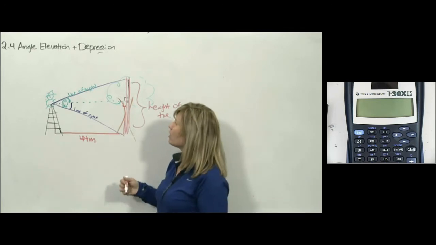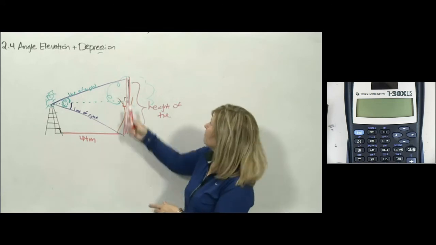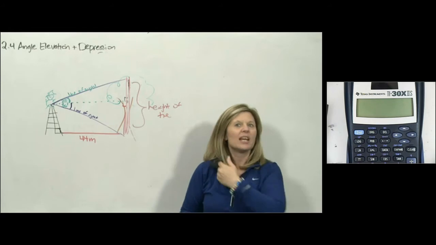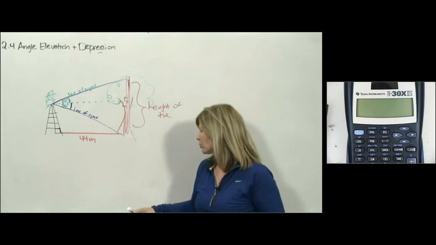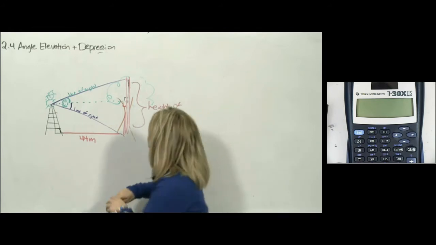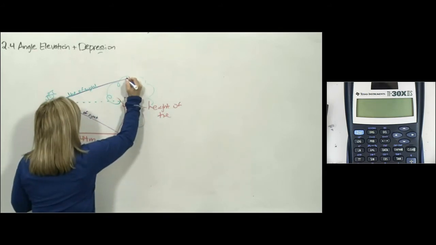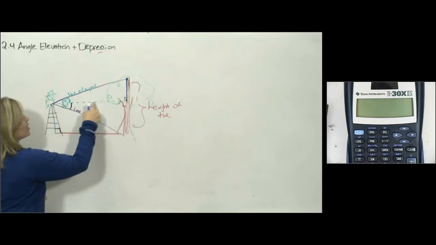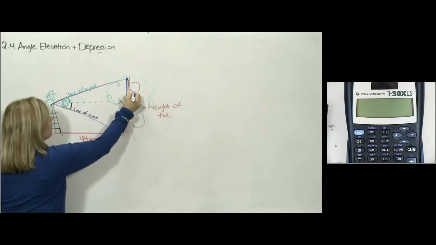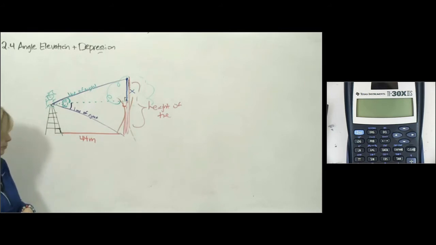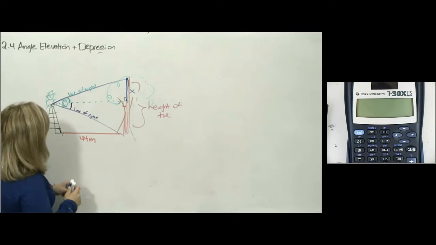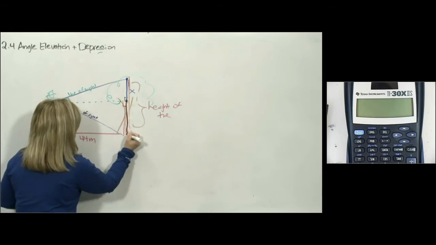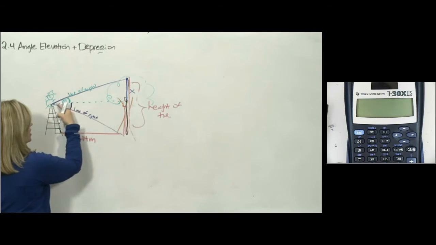So what I first want you to notice is to find the height of the tree. We can't find this whole length of this line segment in one shot because it's in two different right triangles. If you look closely from here to here, that is a side of this right triangle. So I'm going to label that part X. And then from here straight down to here, that is a side of this right triangle.